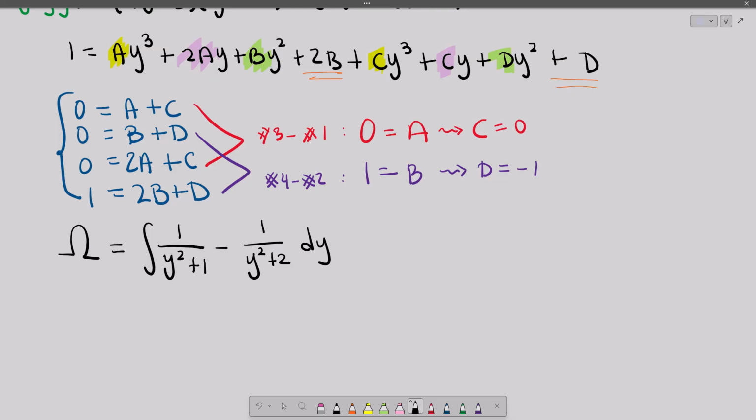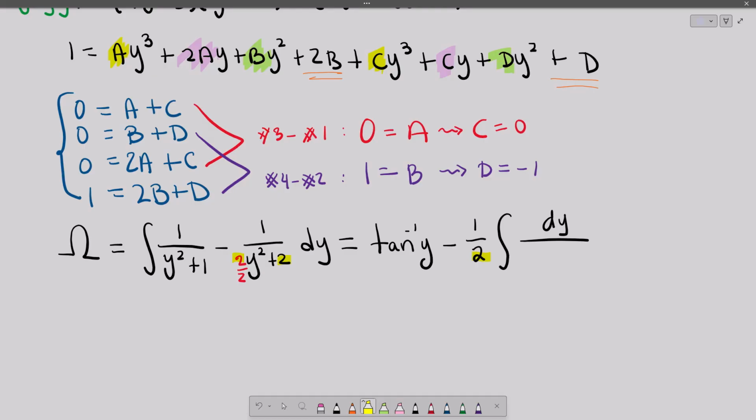And what's the first one? Arctan? The second one's also an arctan, but we have to do a little bit of work. So this is going to be arctan of y minus, here we're going to factor out a 2.